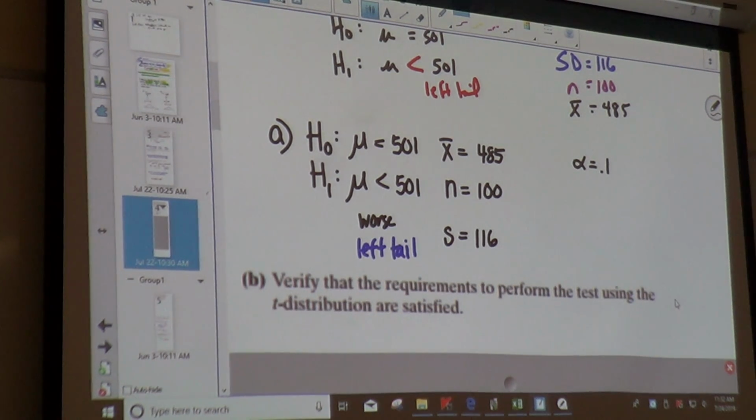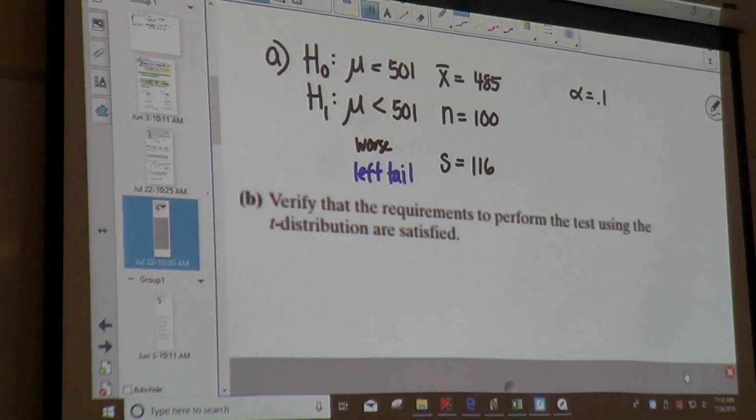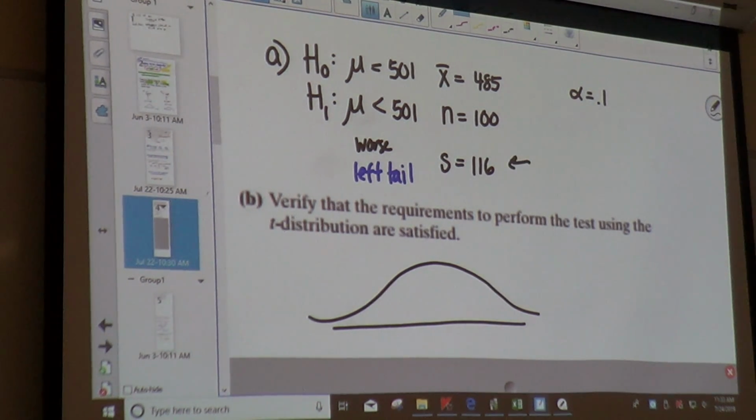All right, so now they want me to draw it. We have standard deviation, which means we're dealing with not Z, but T. In order to get my critical values for T, I'm going to go to my table. Go to table 7.